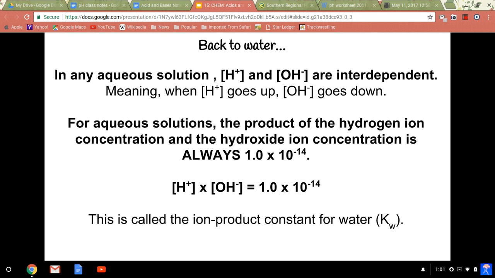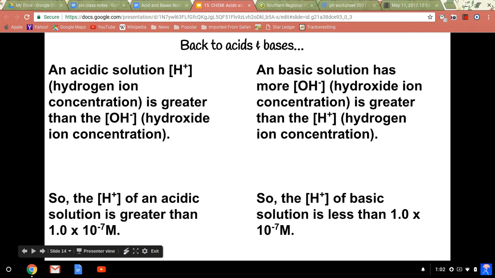We're going to talk about the math behind this, but I just want to take you through it so you know where this pH scale even came from. So what happens is when you multiply your concentration of hydrogen ions by your concentration of hydroxide ions, you always get this 1 times 10 to the negative 14th when you're dealing with an aqueous solution.